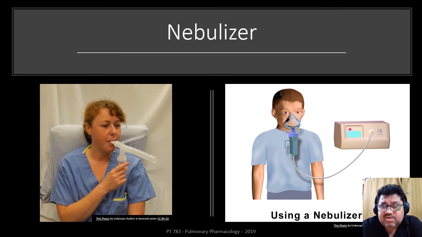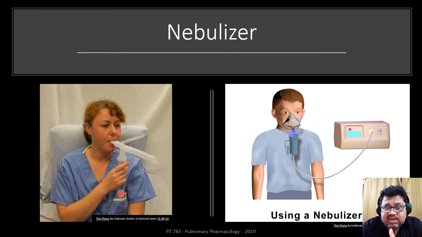Another mechanism of delivering drugs to the lungs is by use of a nebulizer. A nebulizer is a device which is basically a small cup, and that cup is right here. The drug is put here, and then on top there is a baffle that sits on top of a jet line.